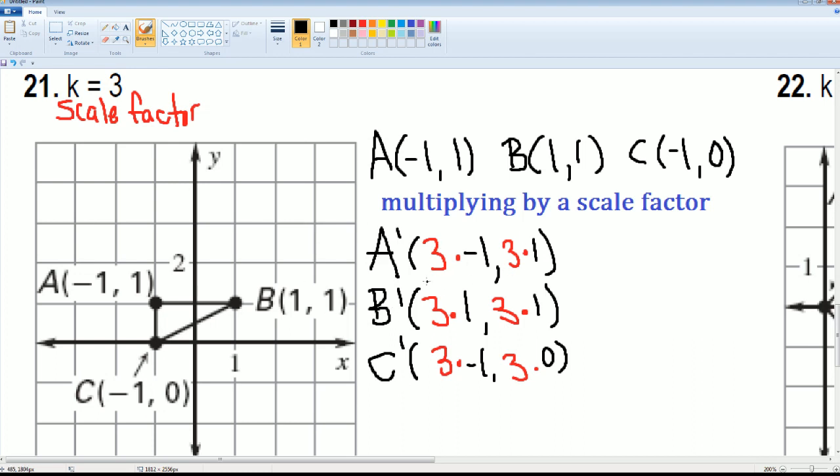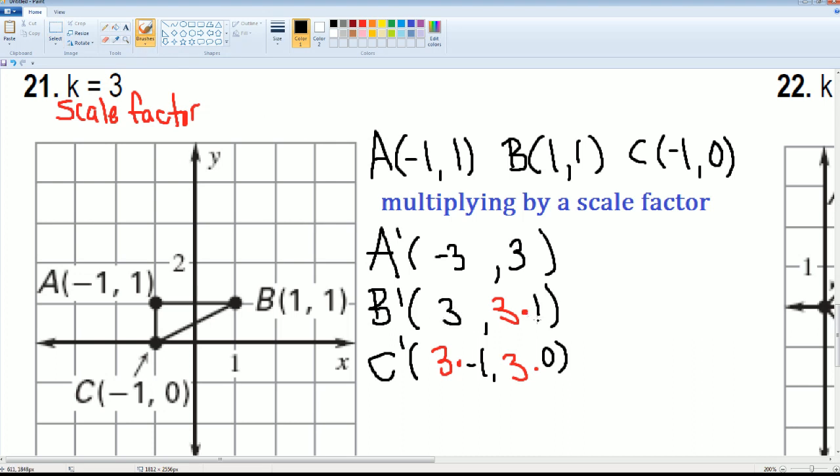What does A prime become? What does this simplify to be? 3 times -1 becomes negative 3. What does 3 times 1 become? That becomes 3.